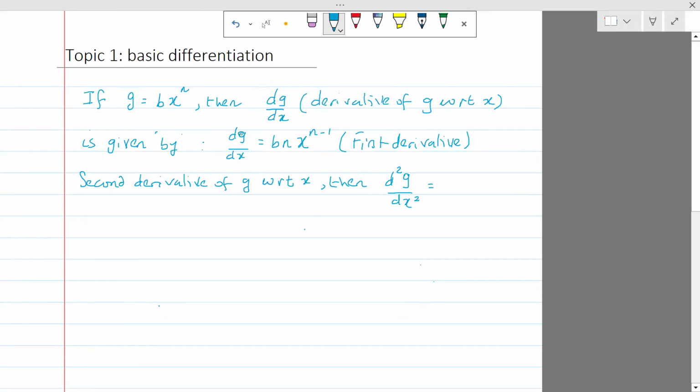I look at dg by dx. I have b times n x power n minus 1. Therefore, I'm going to bring this n minus 1 in the front. So I have b n, and then n minus 1. And then I'm going to write x, and I'm going to minus 1 again here in the power. So this becomes n minus 2.